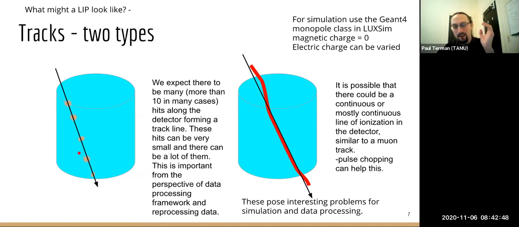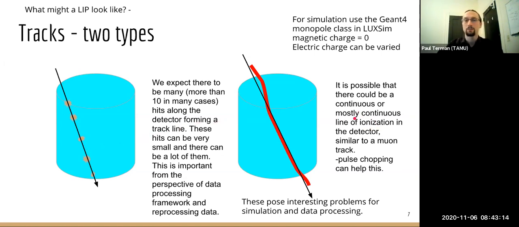And this can be a few dozen hits, dozens and dozens of hits. We've actually opened up the data processing framework to allow for up to 100 pulses to be found. Normally, our framework only allows for 10. This was a data analysis tweak that we made in order for the LIP analysis to be undertaken.